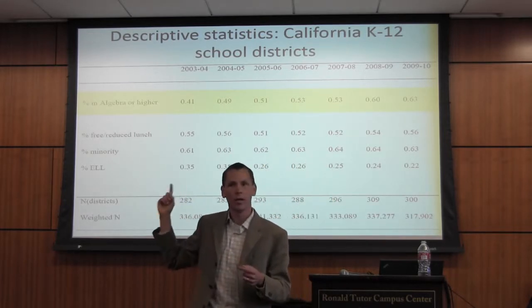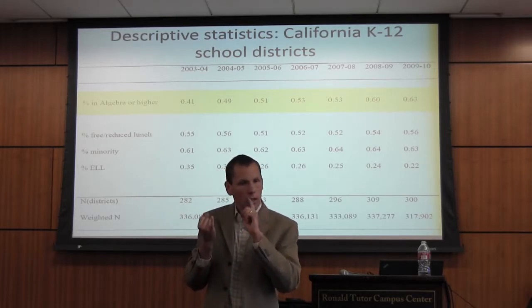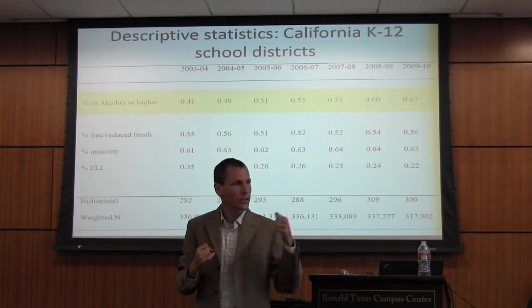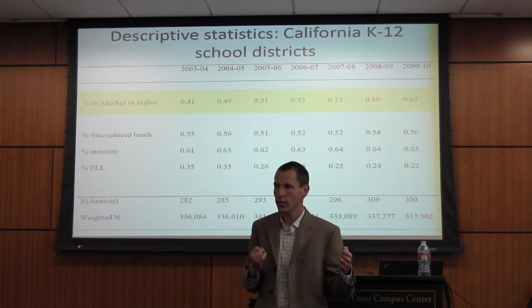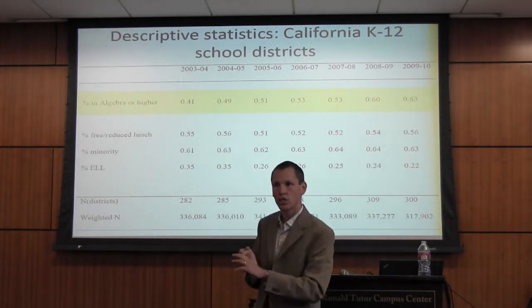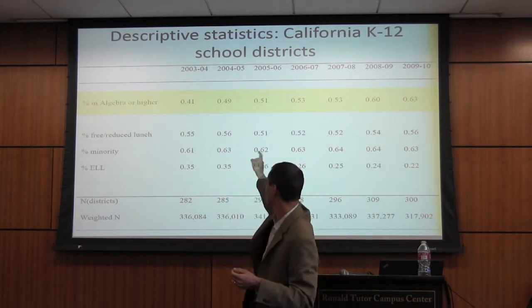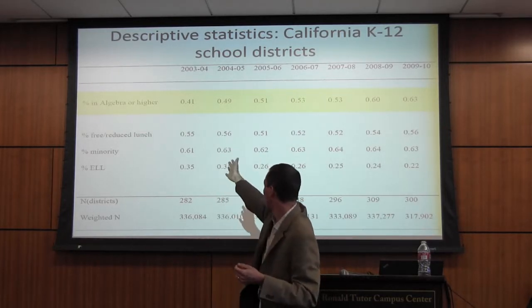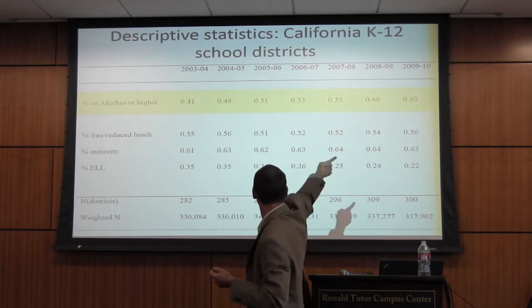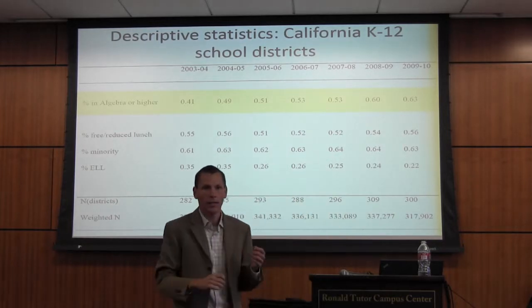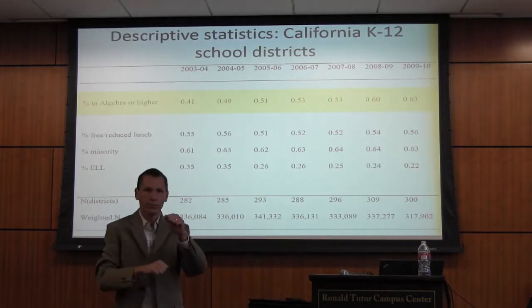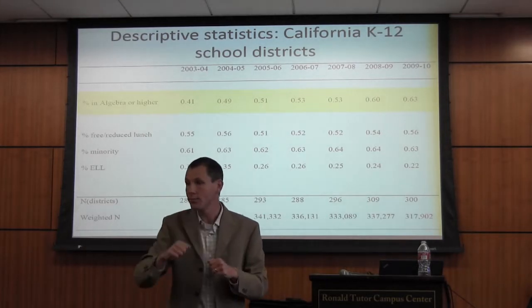What I'm doing here, by the way, is counting kids who take algebra CSTs, so they take the end of course test on the California state standards in algebra, or they take it in geometry. Those kids are counted as 8th grade algebra in these analyses. And what you see is that we go from about 40% in 2003-04 to about 60% in 9-10, with 2 sort of bumps statewide.